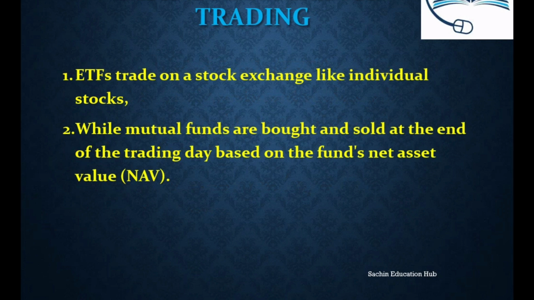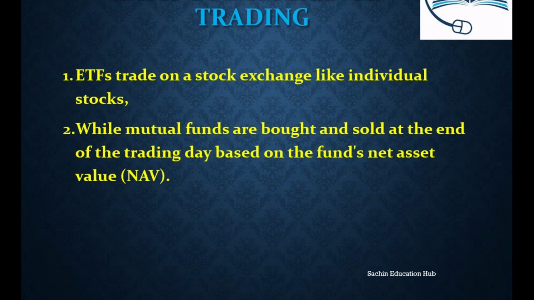But if we talk about the mutual fund, then it is not traded on the stock exchange, but it is bought or sold at the end of the trading day, based on the fund's NAV. It means the fund's net asset value is decided first, and thereafter the mutual fund buys or sells the investor's stock at the end of the trading day.